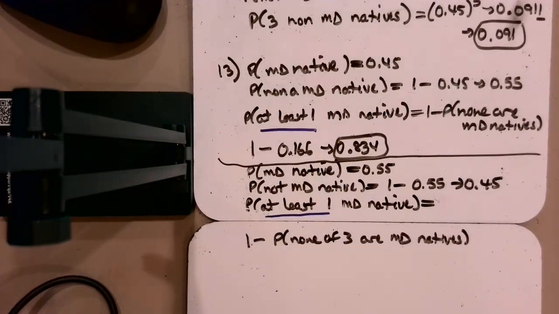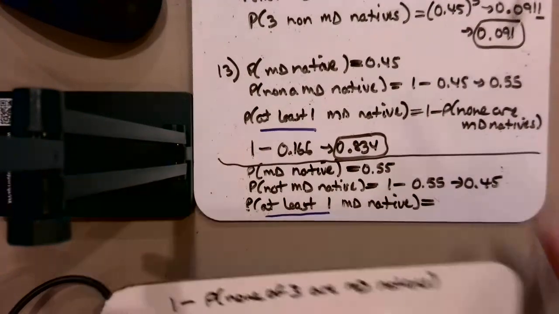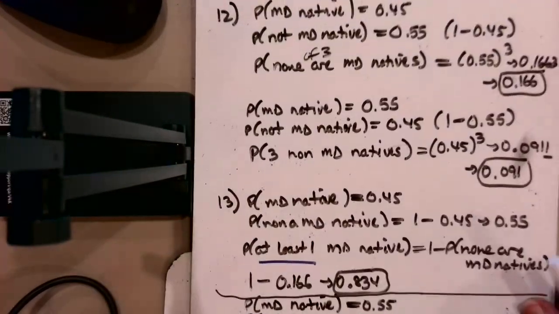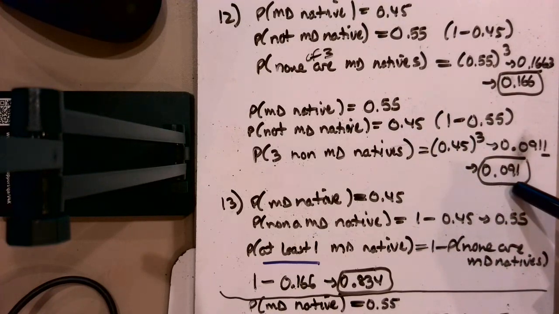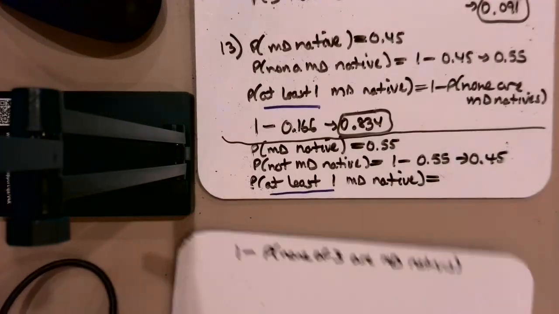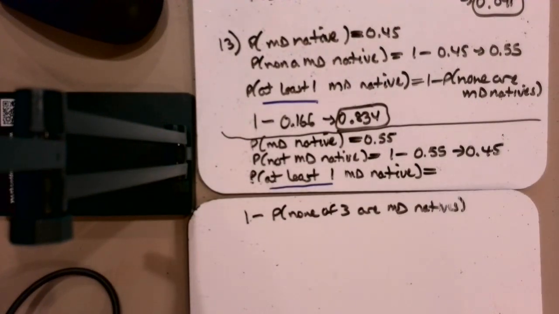If we go back up to question 12, when the probability of a Maryland native was 55%, the probability that none of the 3 were Maryland natives was 0.091. So the probability of at least one Maryland native is 1 minus the probability that none were Maryland natives.